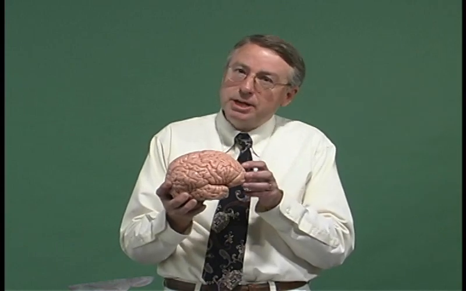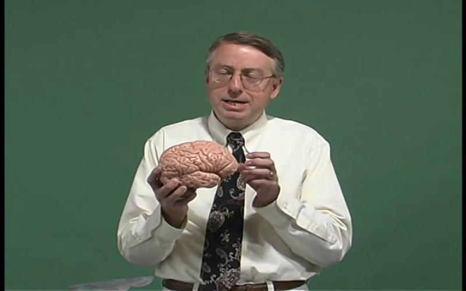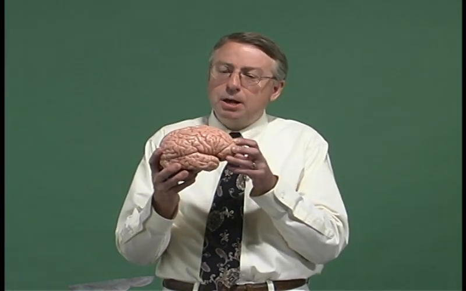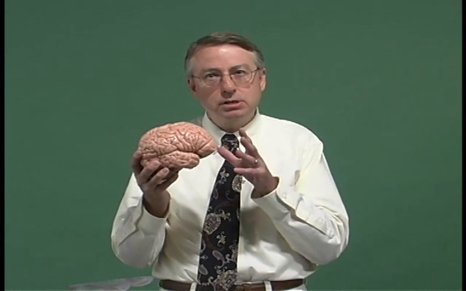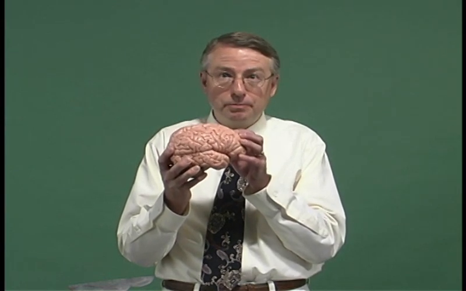If approached in a logical and systematic fashion, it can help us to know where the problem is. It helps us by looking at anatomical levels as well as systems to be able to localize where in the nervous system the problem is.